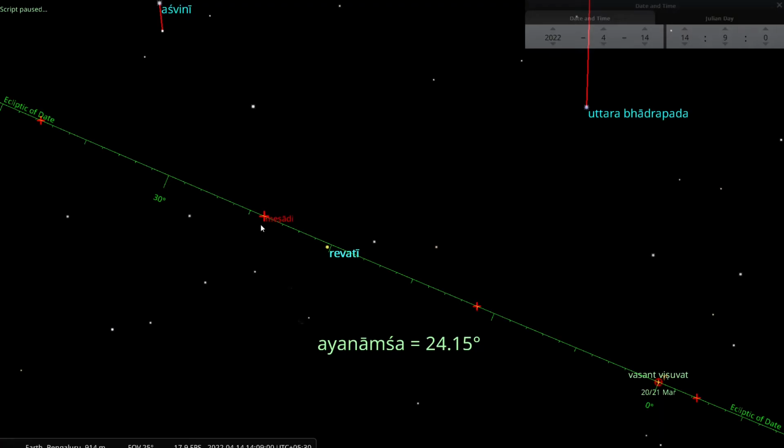For example, let me change the date a little bit. I now brought it to 2021, our 75th Independence Day, August 15, 2021. Here is Vasanta Vishuvat, and wherever Vasanta Vishuvat is, that is 0 degrees of the Sayana zodiac.